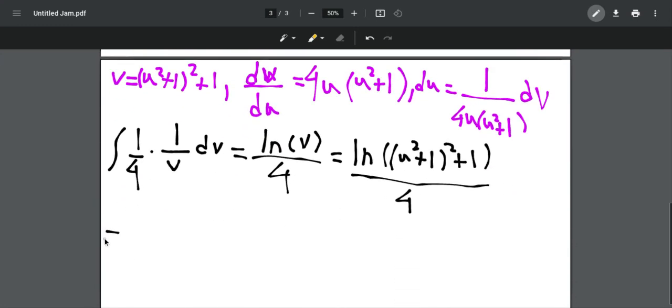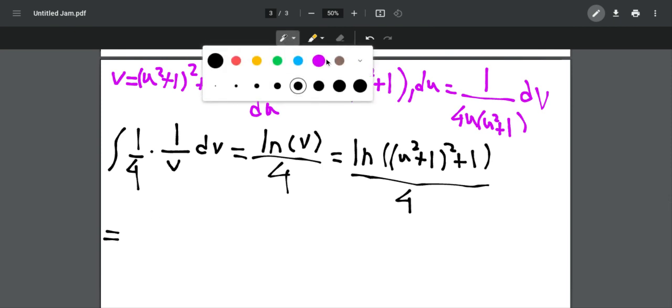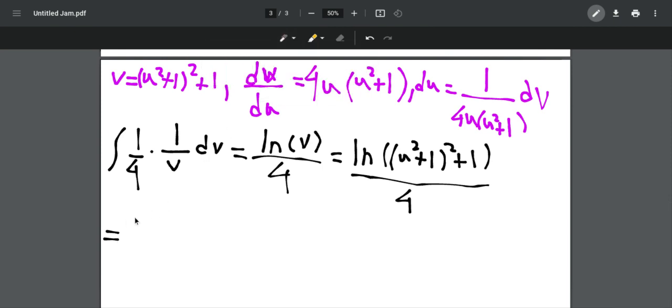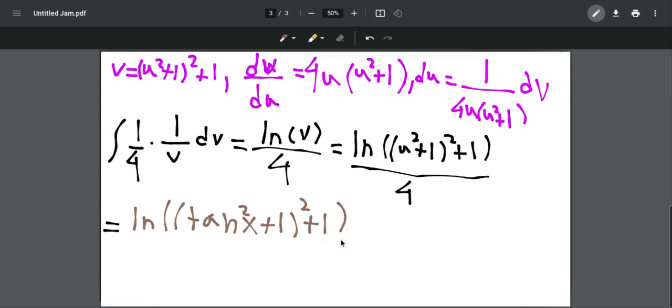For our final value, we get natural log of tangent squared x plus 1, then squared, and then plus 1, all over 4.